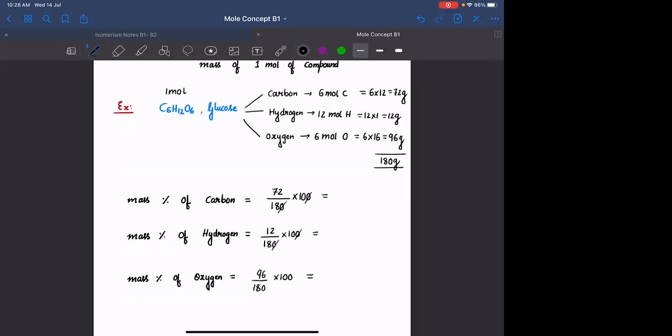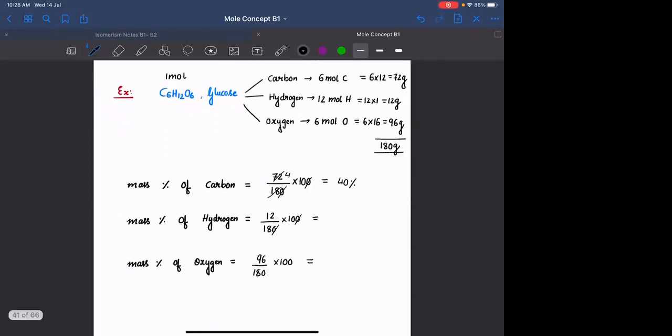72 by 180, yes, 40%. So the mass percentage of carbon is 40%. What is the mass percentage of hydrogen? 20 by 3, which is equal to 6.66%.